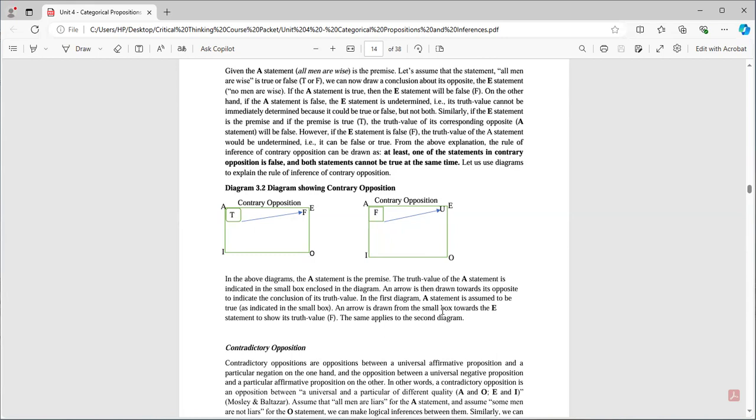But at least all the time, one is false. In other words, both can be false at the same time, but both cannot be true at the same time.